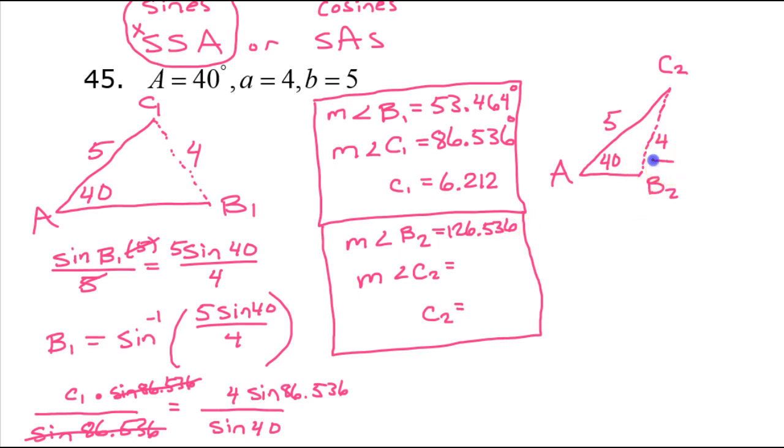That is this angle right here, 126.536. Again, I have 2 out of 3 angles now, so I should be able to find the third angle by subtracting from 180.